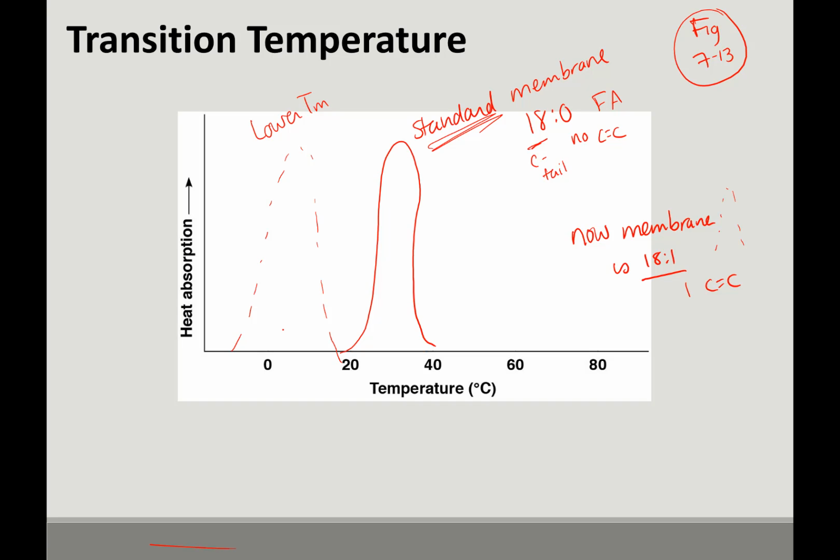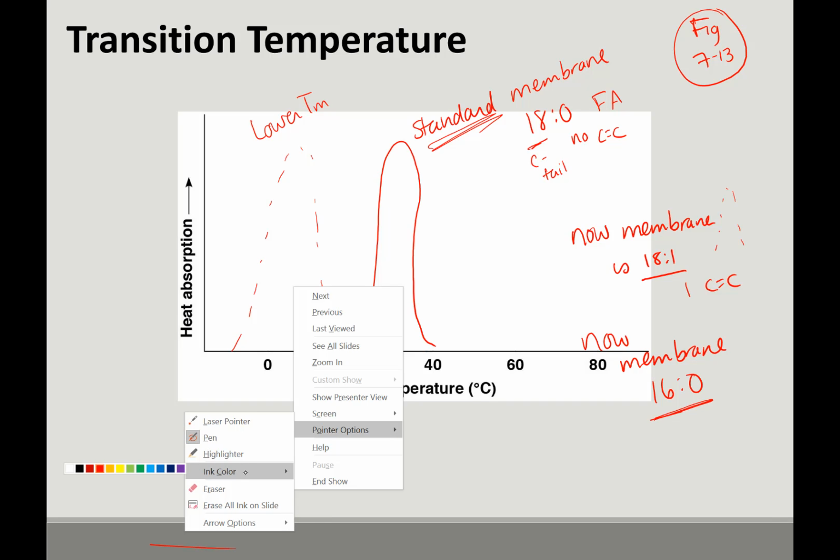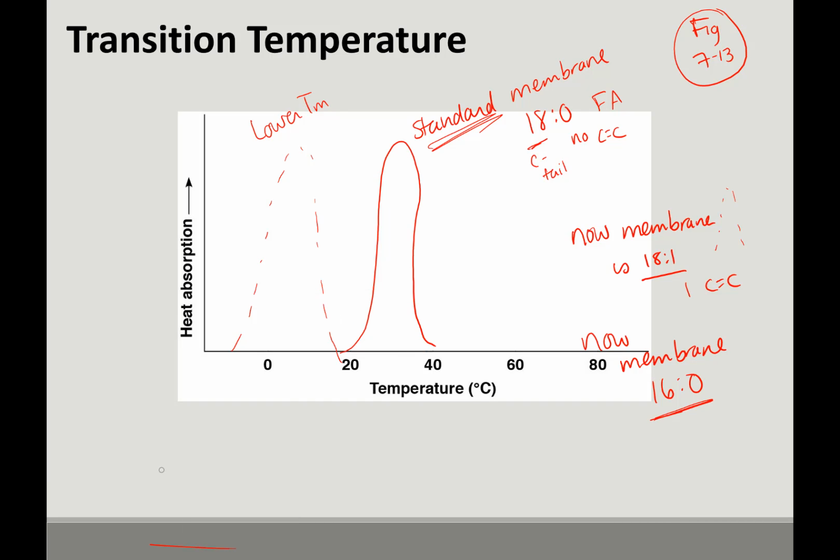If we changed our membrane to, say, a 16:0 fatty acid composition, so we've got shorter chains, but no double bonds. I'm really bummed that I cannot change my color. Pointer options. Oh, I might be able to. Ink color, blue. Oh, yay. Okay, figured it out.